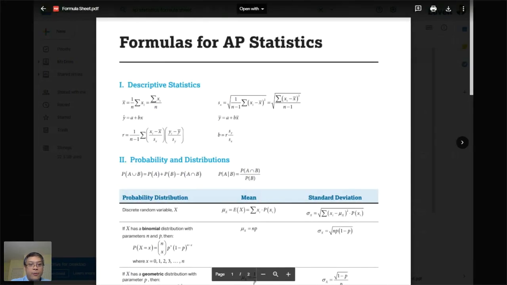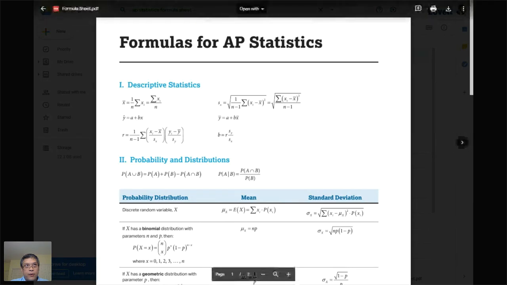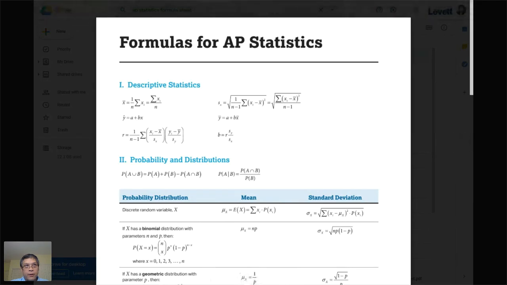You should be able to see a formula sheet, and on the formula sheet, you will notice that two of the very first formulas are these probability formulas. Take a look right around here, this conditional probability formula that I will put up on the whiteboard.